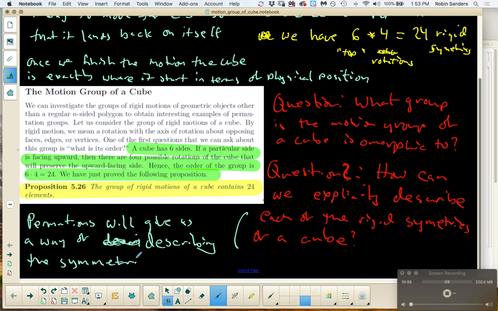And once we can describe the symmetries, we can then simply use permutation composition to explicitly describe what group we are looking at. Those will be topics of future videos.